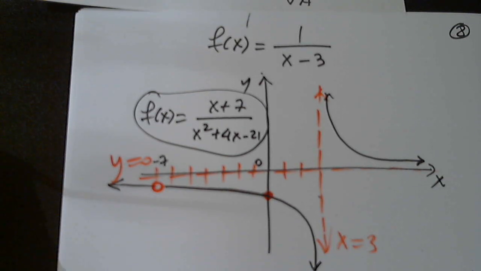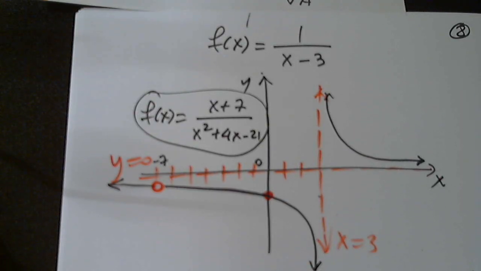Be very careful how you enter it in the graphing calculator: with parentheses for the top, x plus 7, divided by, in parentheses, x squared plus 4x minus 21. There is no point in entering y equals 0 because it's already the x-axis. If the horizontal asymptote were y equals 5, then I would have had to put it in.